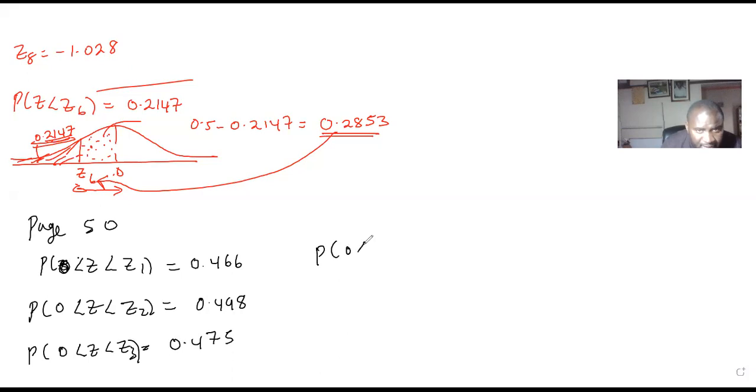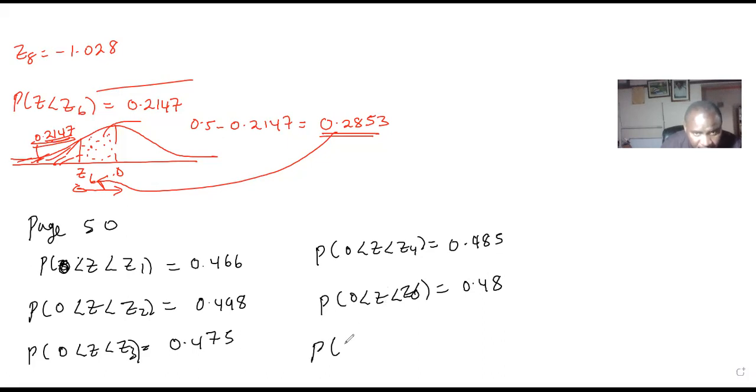Probability of 0 less than Z less than Z4 is equal to 0.485. Probability of 0 less than Z less than Z6 is equal to 0.48. The last one, let me give you probability of 0 less than Z less than Z7 is equal to 0.493.